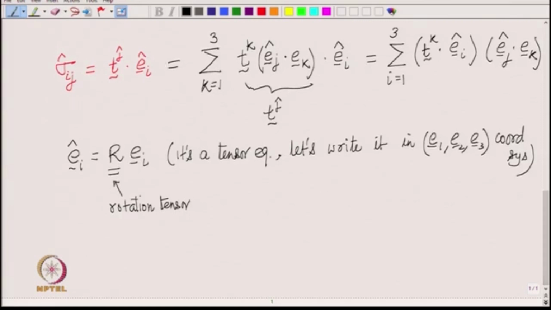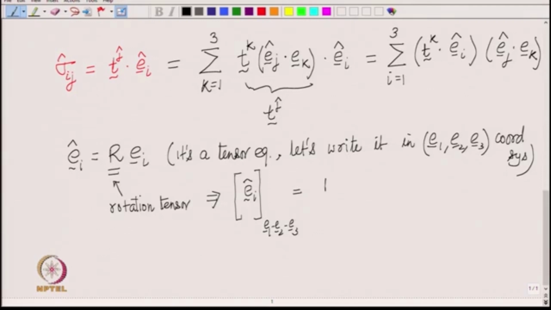What we have to do is simply represent each of the terms there in this particular coordinate system. So, E I hat I represent in the E1, E2, E3 coordinate system, that is equal to a column, having 3 numbers which are the components of E I hat along E1, E2 and E3.